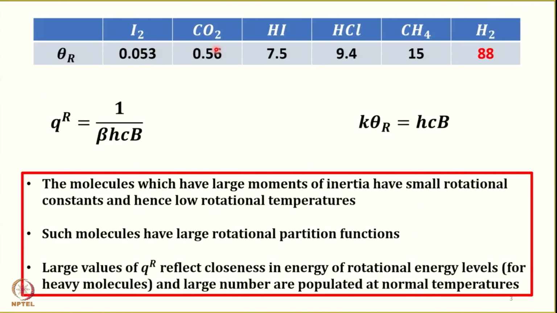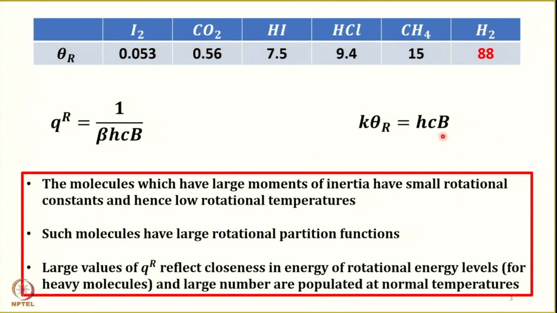So, now let us look at the trend which you see in this table. This is how you define rotational contribution to partition function, and we already discussed that theta r can be calculated from this relation. But now let us look at the comments which are made over here. The molecules which have large moment of inertia have small rotational constants and hence low rotational temperatures.